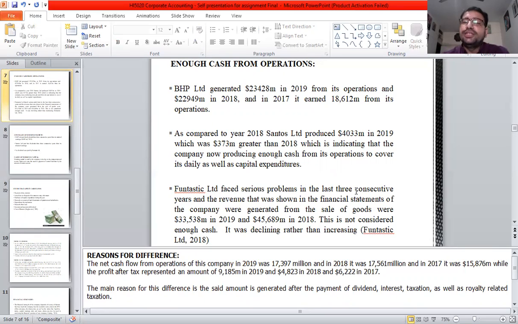As compared to the year 2018, Santos Limited produced 4,300 million in 2019, 373 million greater than 2018, which was basically indicating that the company now produces enough cash from its operations to cover its daily as well as capital expenditures.